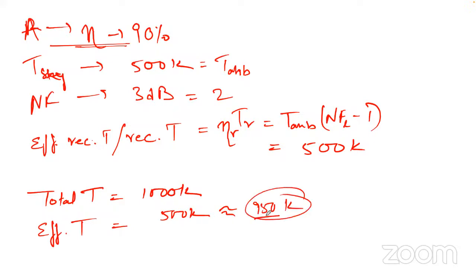So if there is an efficiency term involved, you have to take that. Effective noise temperature is receiver temperature plus sky temperature, with the efficiency term if there is one, and the same goes for receiver temperature.